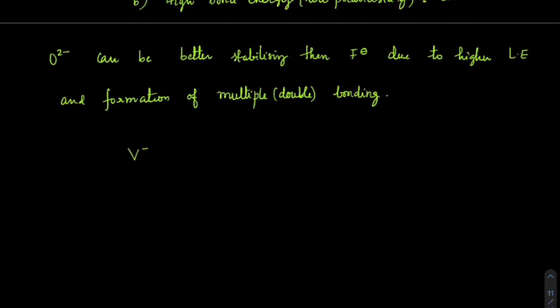When it comes to vanadium, we can have VF5, the highest oxidation state of vanadium, and it will also show V2O5, highest oxidation state here also. Chromium can show CrF6, and it also has CrO3, which is +6 oxidation state.